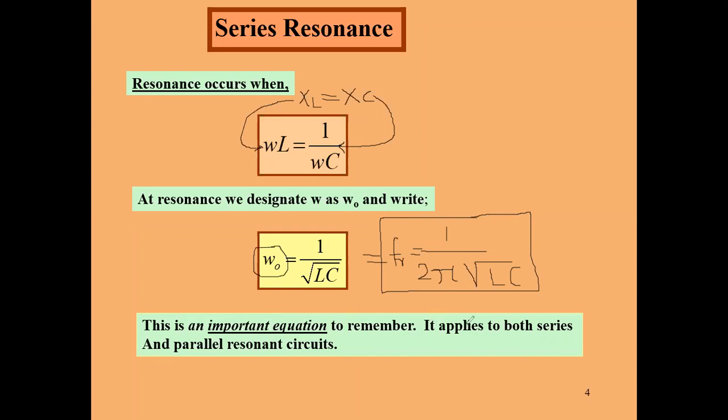It applies to both the series and the parallel resonance circuit, but generally we apply that formula to the series resonance circuit, because in that circuit we have connected the inductance and capacitance with each other in the series form.